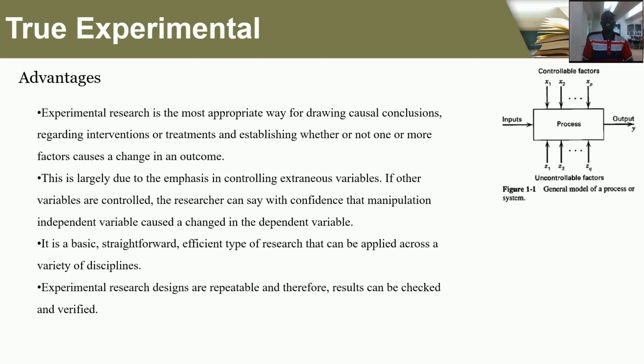So the experimental research design is the most appropriate way for drawing causal conclusions. With this one, we'll be able to strongly affirm and conclude that variable A affects variable B or causes variable B to do so regarding the intervention or treatment, and establishing whether or not one or more factors cause a change in an outcome.